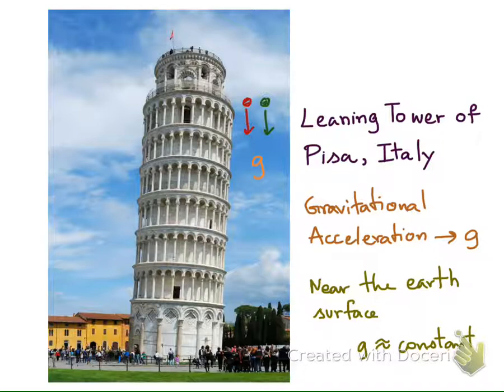This is because the Earth's radius is very large compared to the height of the object, so g is approximately constant. We will see this in more detail later.